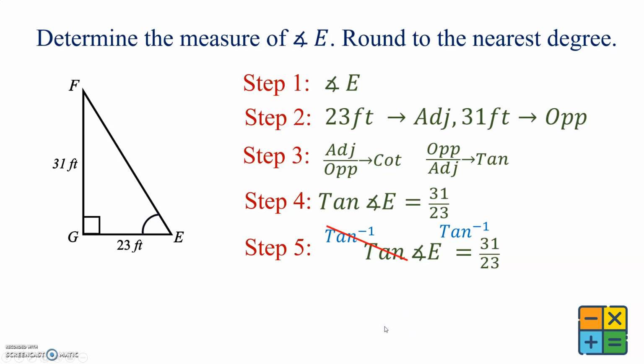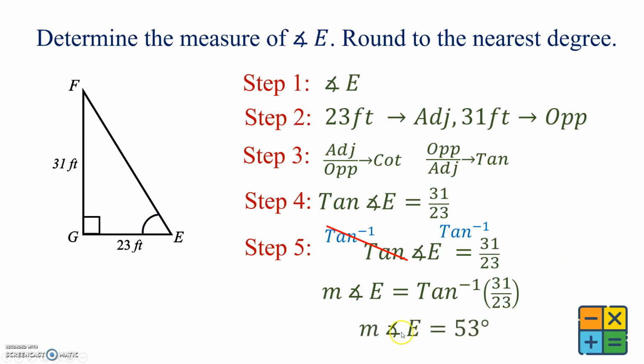The tangents cancel, leaving me with angle E, the measure of angle E. So into our calculator, inverse tan 31 over 23. The calculator gives us an angle amount. Notice it says round to the nearest degree. That's why I'm rounding to 53 degrees.